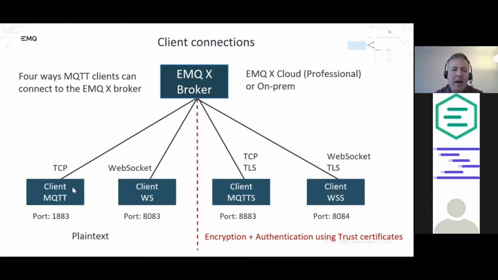Just to note that these are plain text connections. There are corresponding TLS connections for both of those: secure MQTT and secure WebSockets, and they connect on these ports. These ports are the default ports for EMQX. You can change them if you want, but these are the default ports.